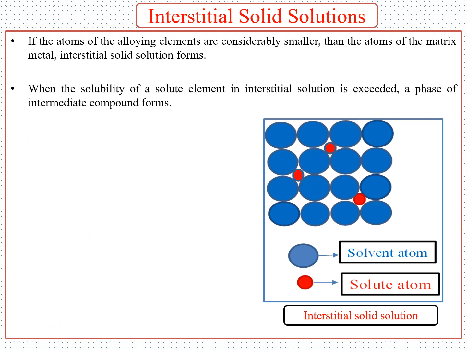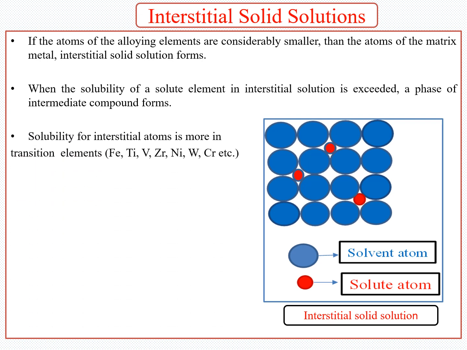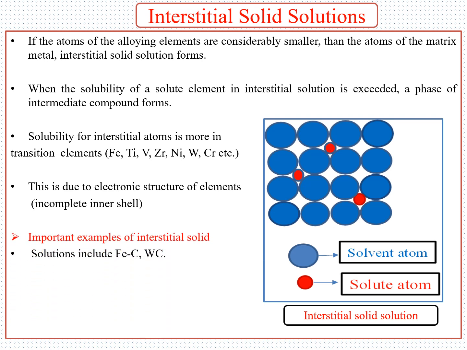When the solubility of a solute element in interstitial solution is exceeded, a phase of intermediate compound forms. Solubility for interstitial atoms is more in transition metals such as iron, titanium, vanadium, zirconium, and many more. This is due to the electronic structure of the elements. These elements have an incomplete inner shell. Important examples of interstitial solid solutions are iron-carbon and tungsten-carbon.